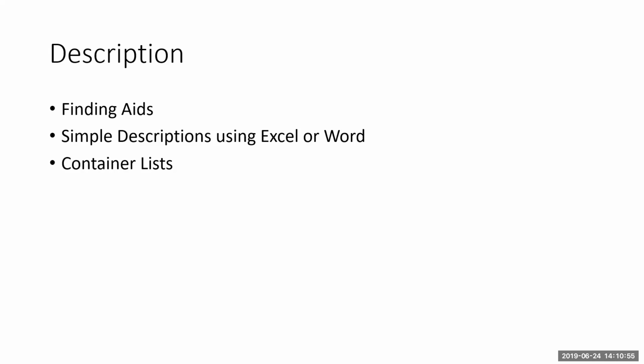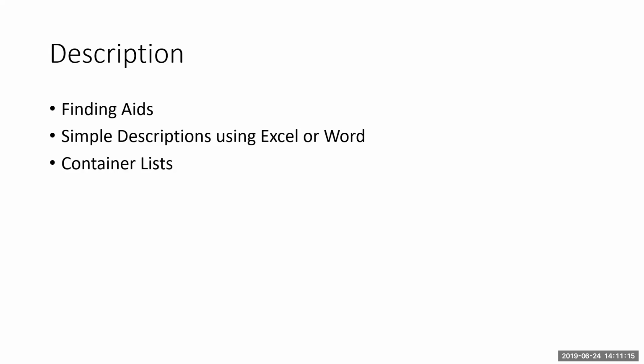An important thing is to have container lists. Usually archives are contained in folders and then in boxes, and so it's important to know exactly where your folders are. If your folders aren't in boxes, it's okay.